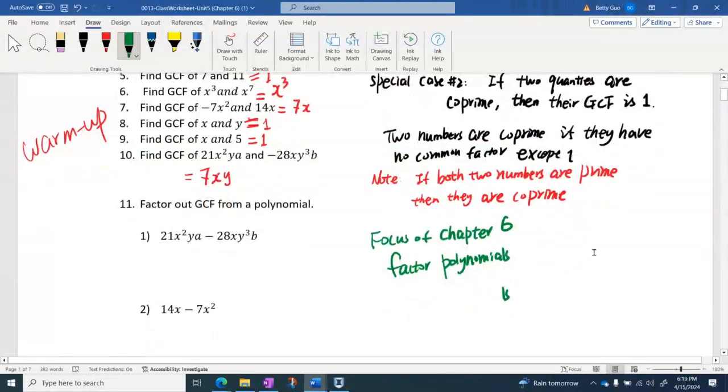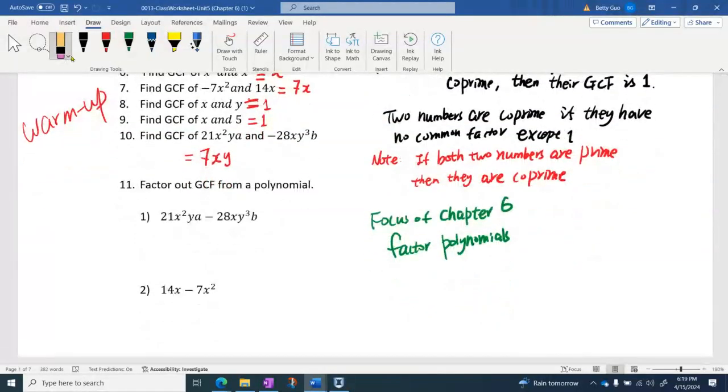Firstly, I want to explain what factoring a polynomial is.